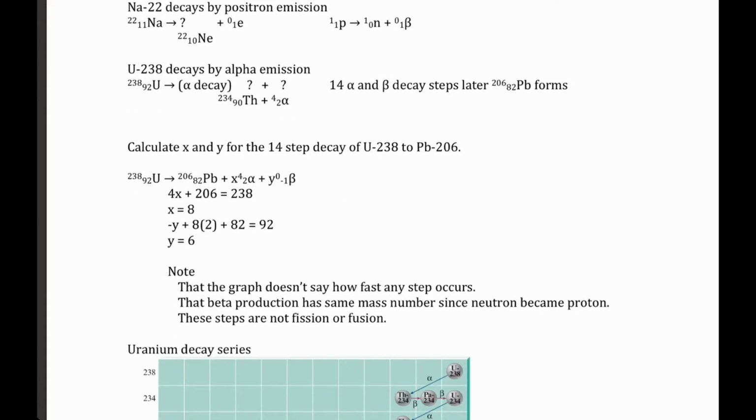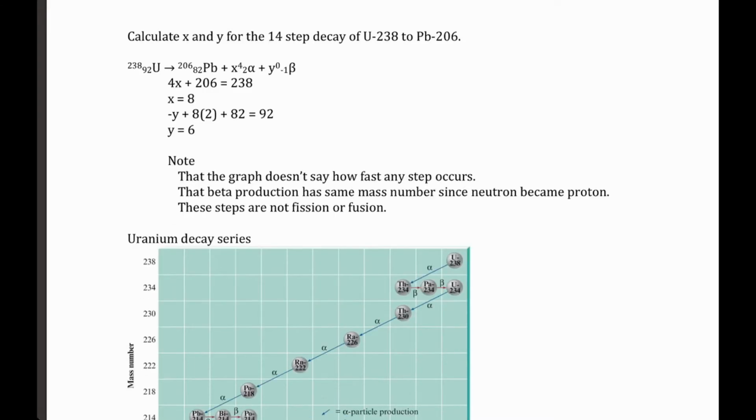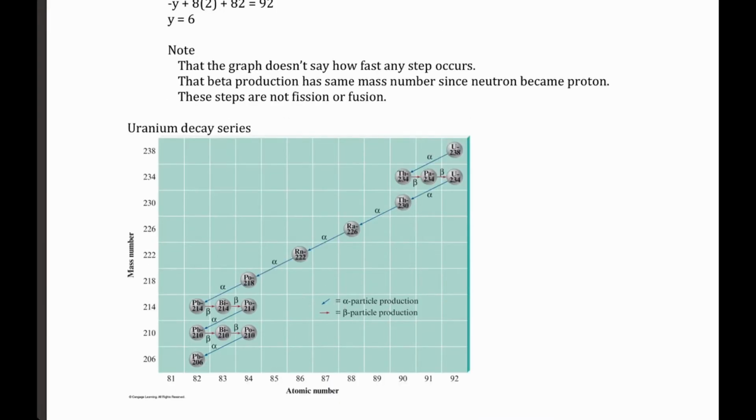Our next problem is to calculate x and y for the decay of U-238 to lead-206. It turns out that uranium-238 is unstable and decays by many steps, actually a total of 14 steps. We see all those steps here, showing the uranium decay series.